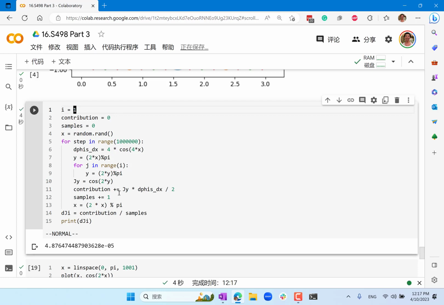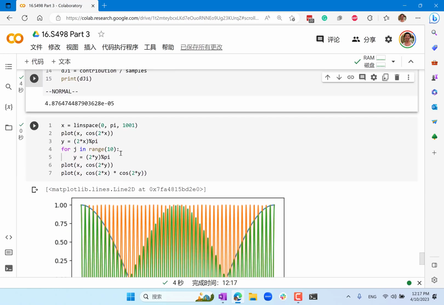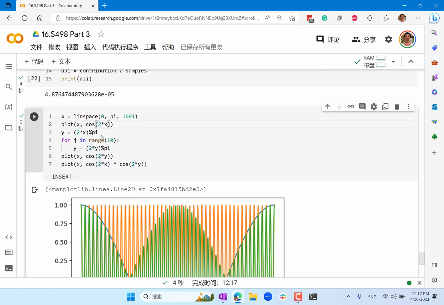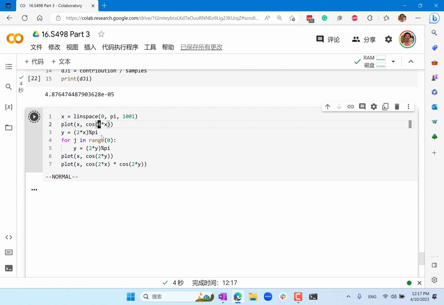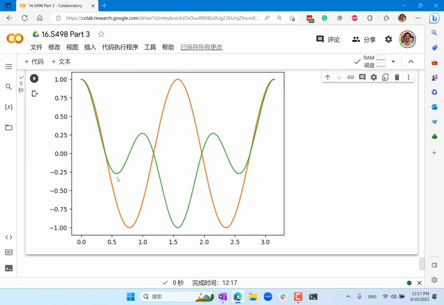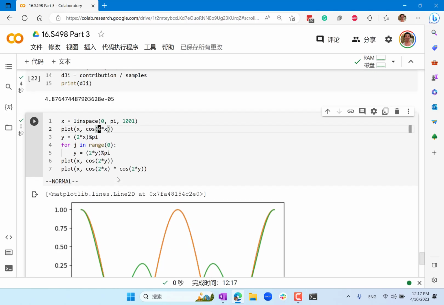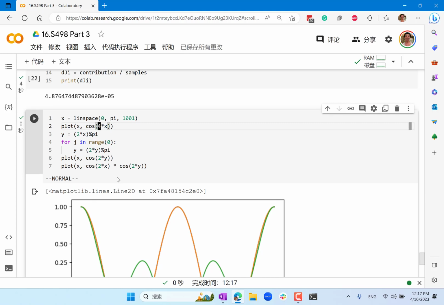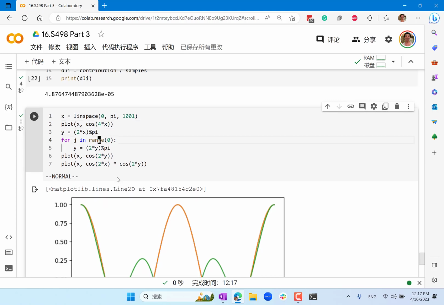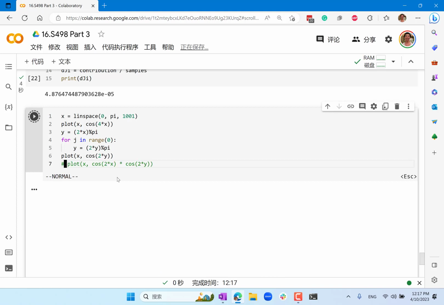That may not be easy to see, but you can look at it from here. So in this case y is still the same, but this is cosine of 4x. Let me just comment this for now.